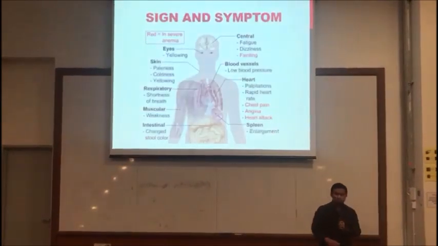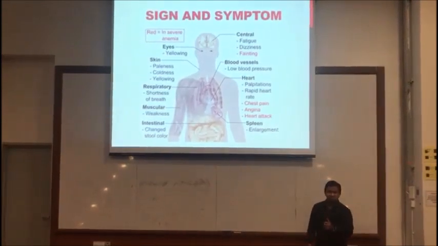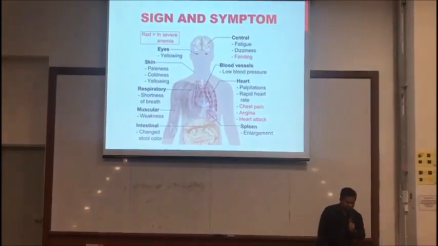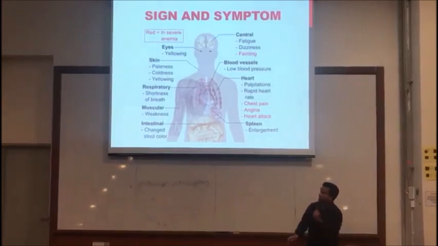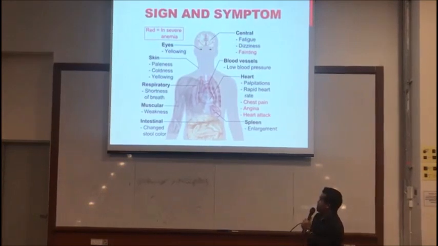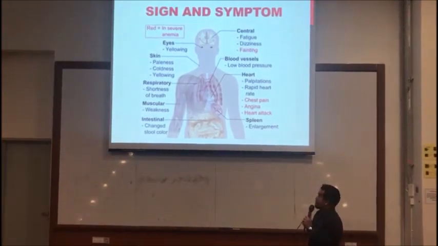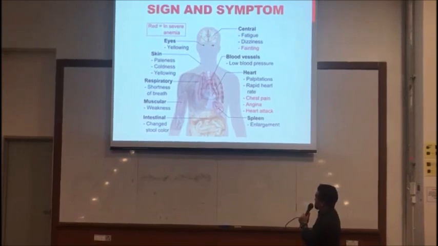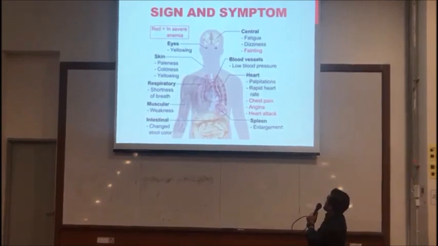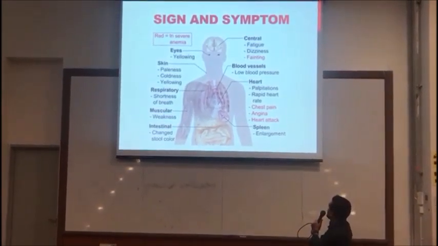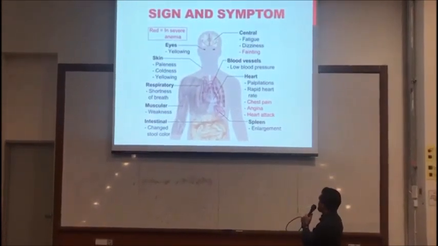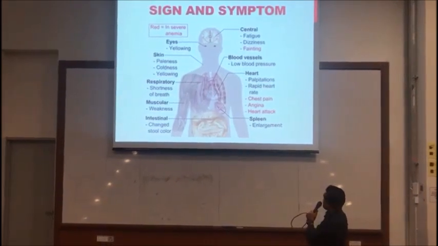The eyes will show yellowing, the skin pale and cold. From the respiratory system, shortness of breath, muscular weakness, intestinal change of color. From the central system, fatigue, dizziness, fainting. From blood vessels, low blood pressure, heart palpitation, rapid heart rate, chest pain, angina, heart attack, and spleen enlargement.